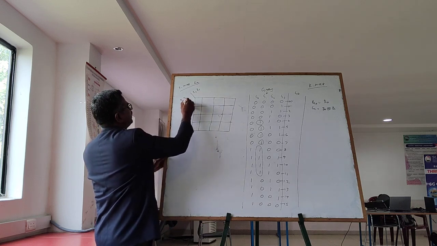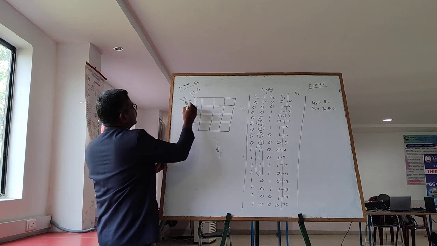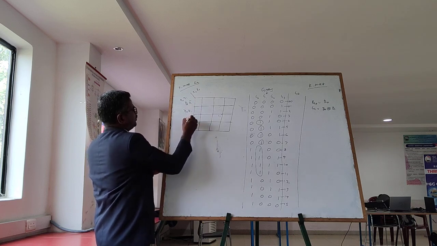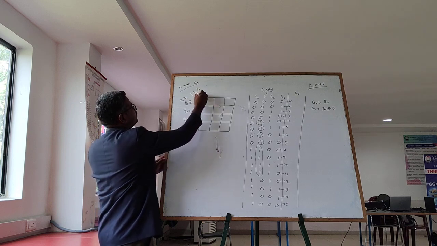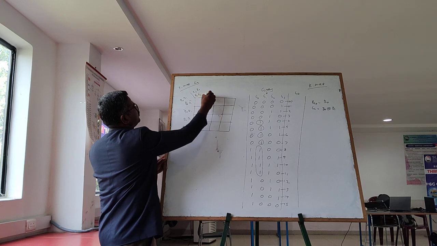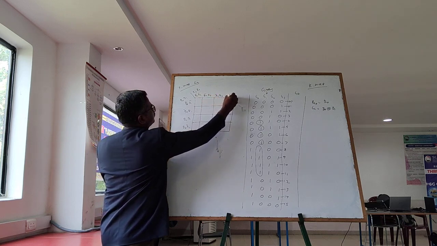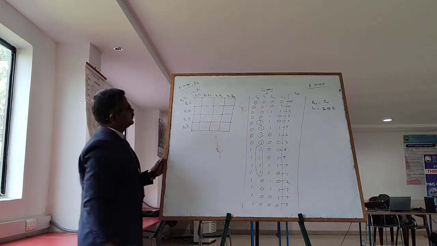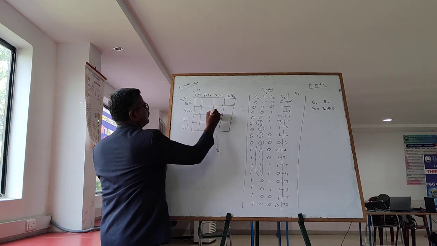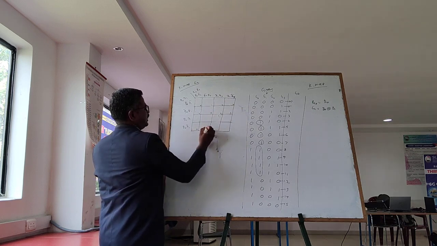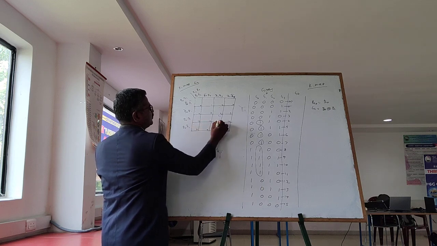So you get B0 bar B1 bar, B0 bar B1, B0 B1, B0 B1 bar. Similarly here B2 bar B3 bar, B2 bar B3, B2 B3, B2 B3 bar. Again the numbers 0, 1, 2, 3, 4, 5, 6, 7, 8, 9, 10, 11, 12, 13, 14, 15.